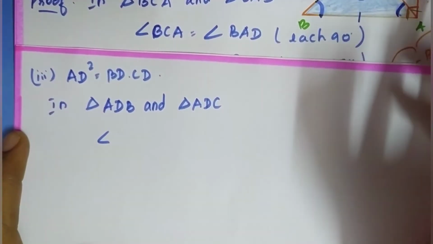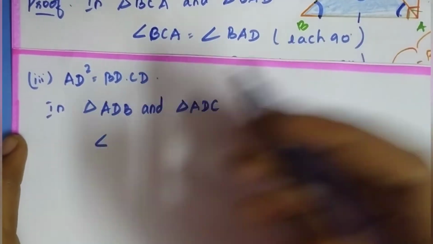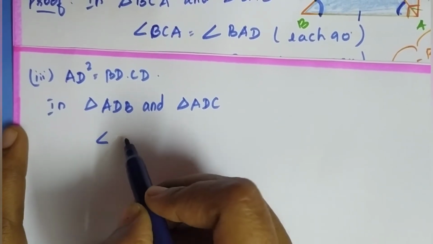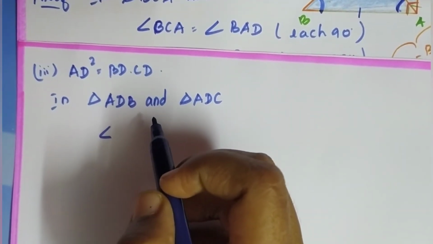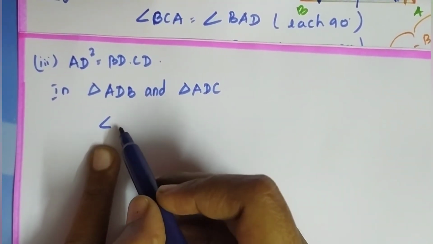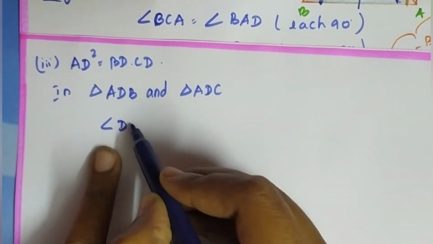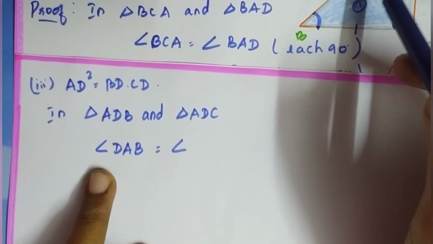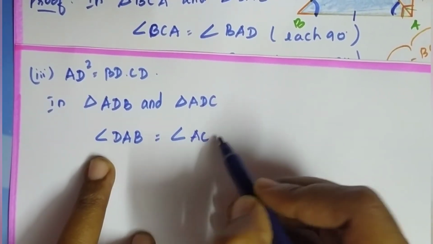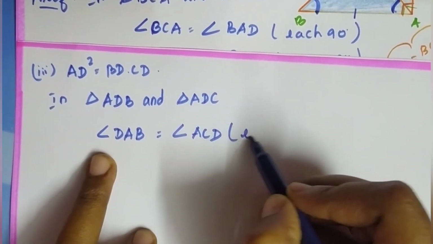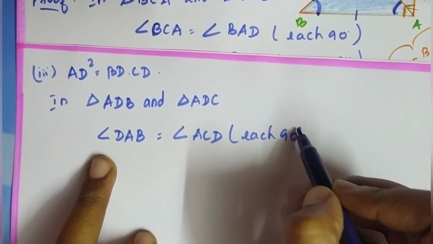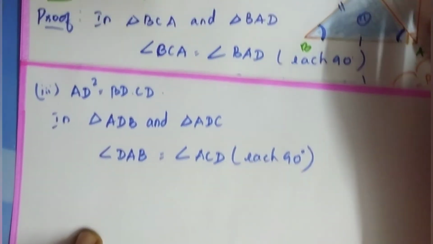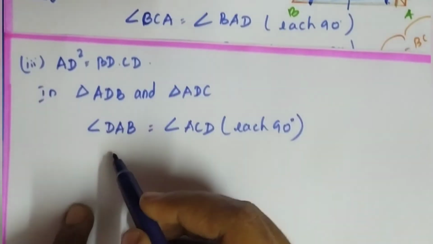This angle is 90 degree and this angle is 90 degree. Here angle A is 90 degree, no? Angle C is 90 degree. So angle ACD is 90 degree each, and the angle D is common.